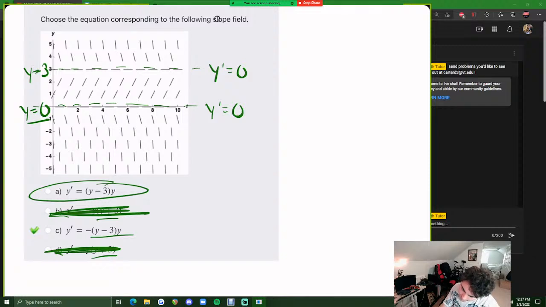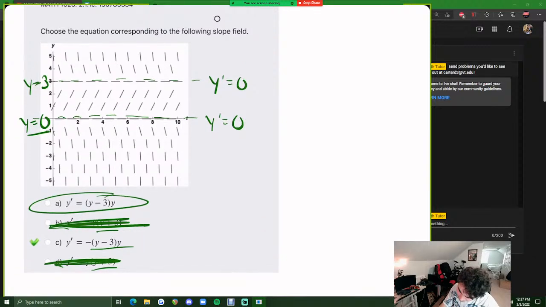So then how do we distinguish which one of these is correct? Really, we could pick any y value we want that we can tell something about, like that we can tell what's going on the graph. So when we look at this graph, let's say we analyzed y equals 1. At y equals 1, we have all these slopes that are positive. They're going up and to the right. So as we go from left to right, those values are increasing. They're little positive slopes, which means if we plug in y equals 1, either here or here, it should tell us that y prime is positive.